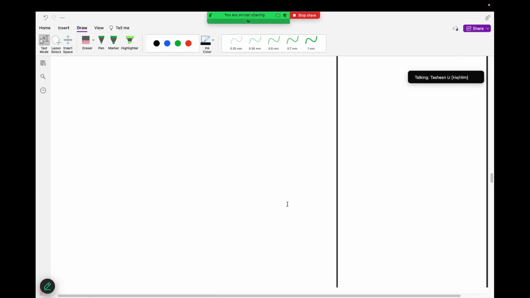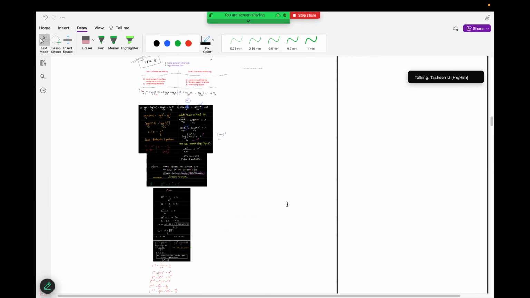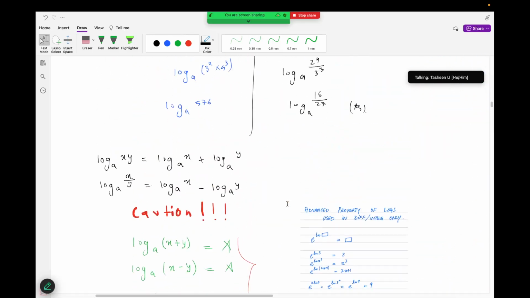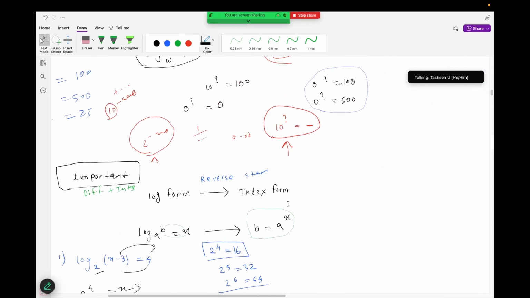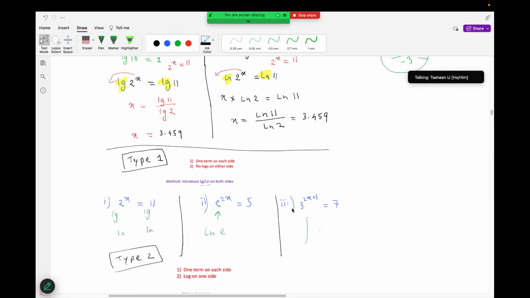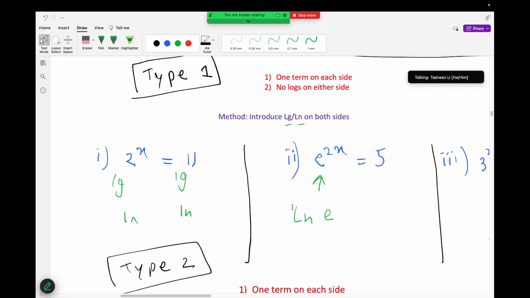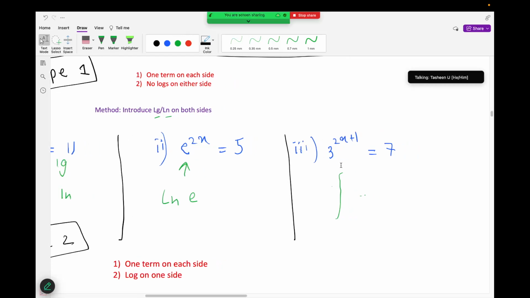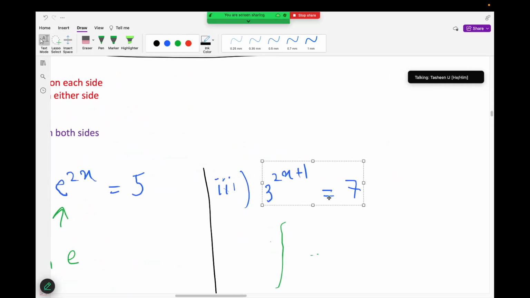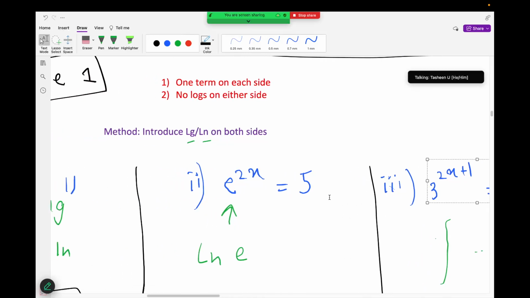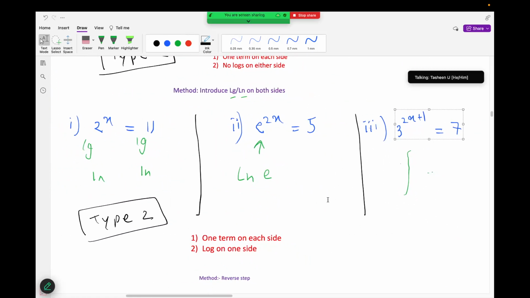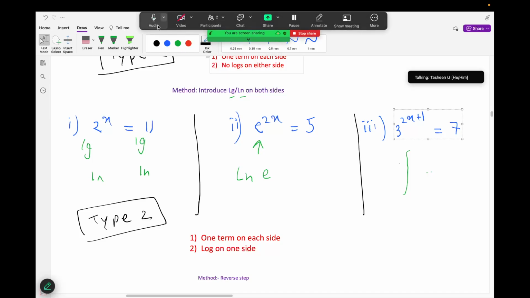We want to cancel out e, so that's why we take ln. If we have something like these, it really doesn't matter which you take. Can you please try to solve these 3 questions and tell me the answer for x?